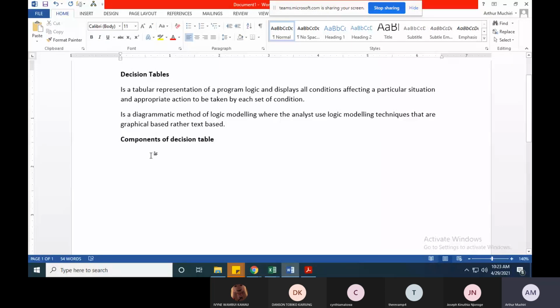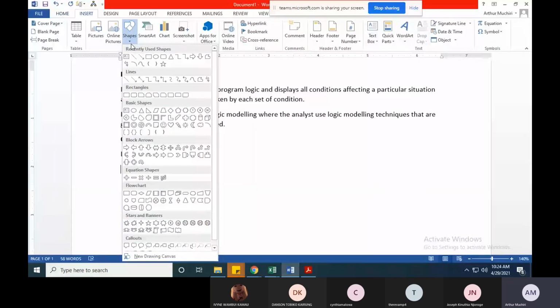We can start by having a layout of a decision table so that we can understand what this table looks like. It's a tabular representation of a program logic, as we've said. So it's going to be a table.